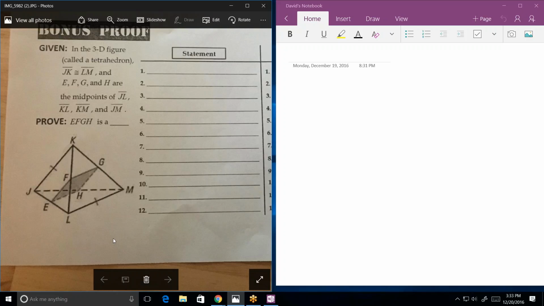It's a mid-segment because it bisects both sides. It bisects JL and it bisects KL. And any mid-segment of a triangle is half the base. So we know right off the get-go that EF is equal to half of JK.